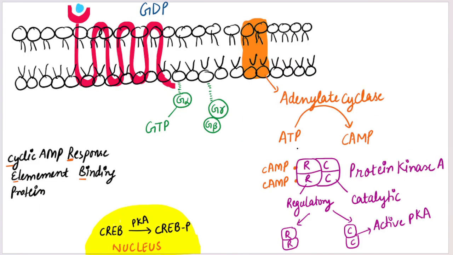Another heterotetrameric enzyme called protein kinase A is present in the cytosolic region. It is made of 2 regulatory and 2 catalytic subunits.